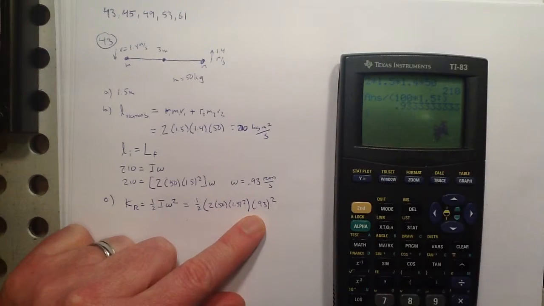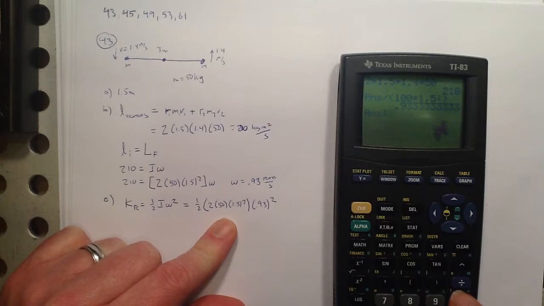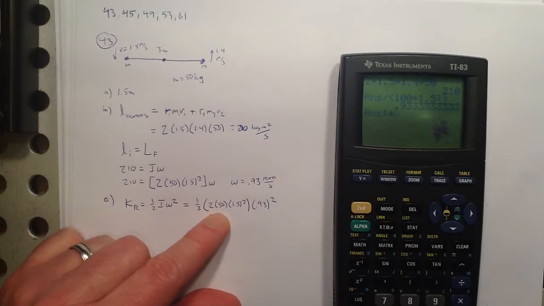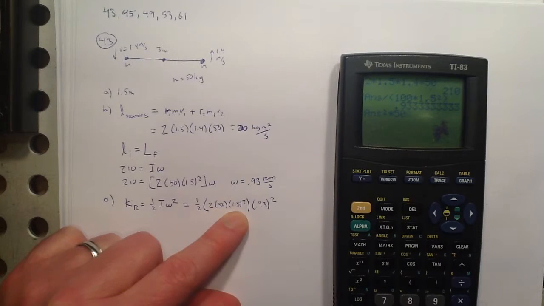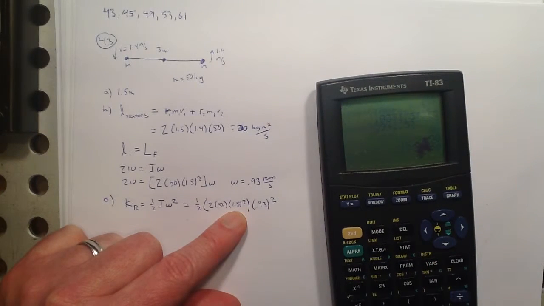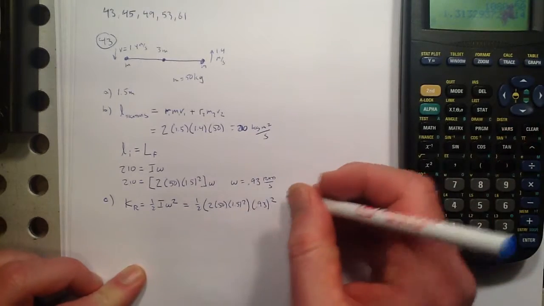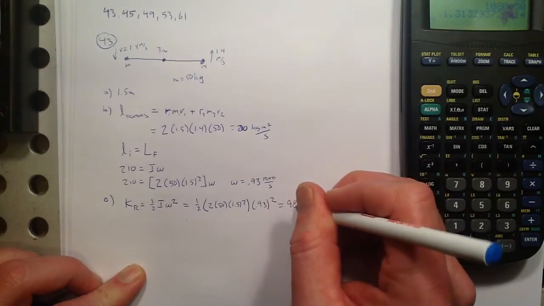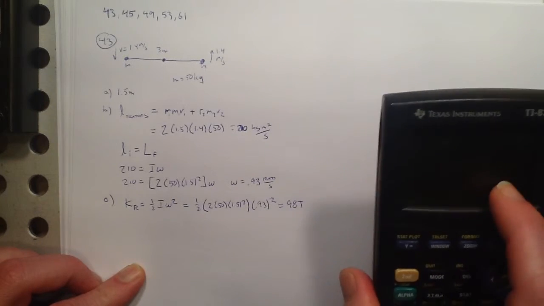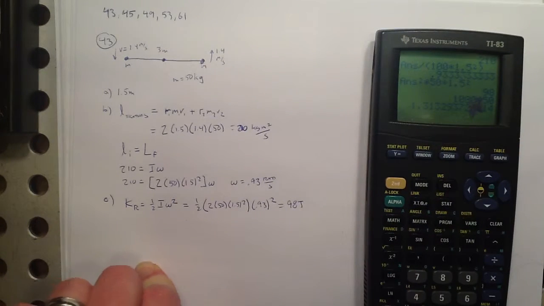So there's my omega, and if I square that and then multiply by 1/2 times 2, which is 1, times 50 times 1.5 squared, that's 98 joules. I have to hit enter a couple extra times because of the smudge on my screen. So 98 joules.